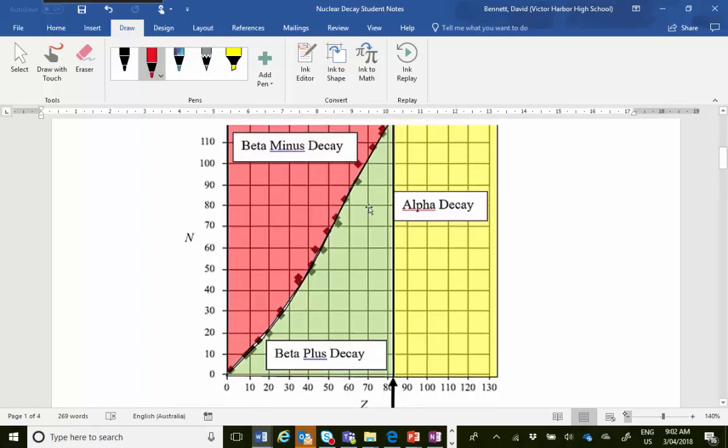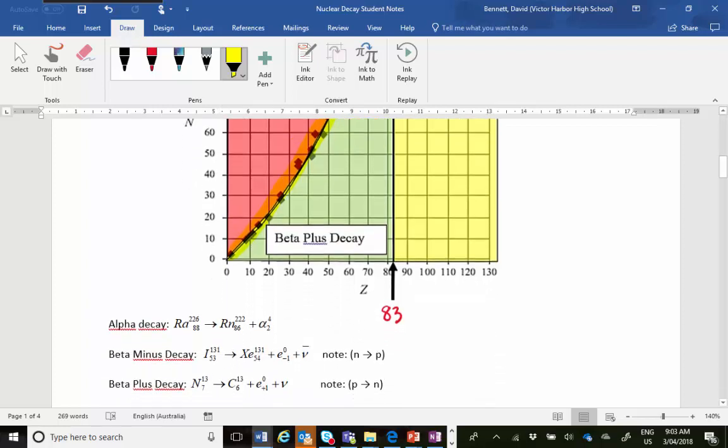This line on the graph is the number of neutrons to protons. As we get to larger nuclei, the number of neutrons increases markedly over a period of time.